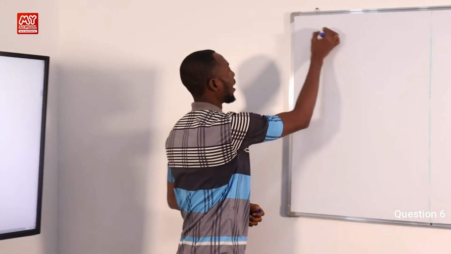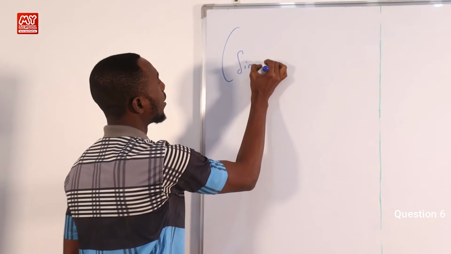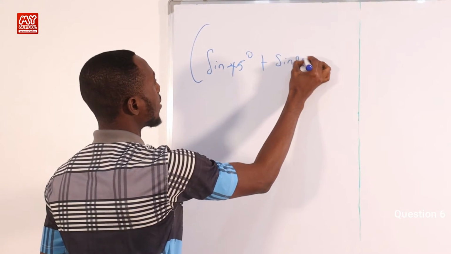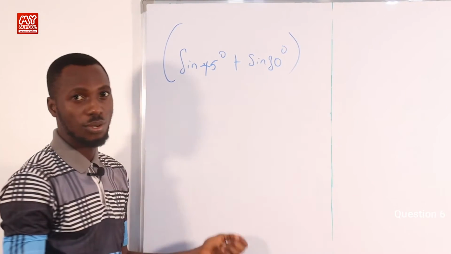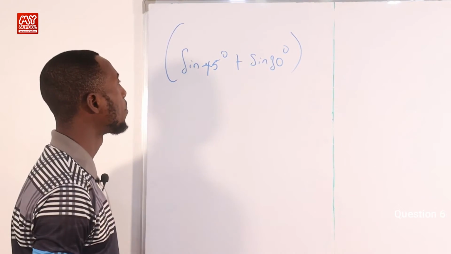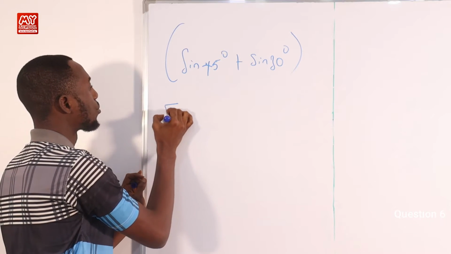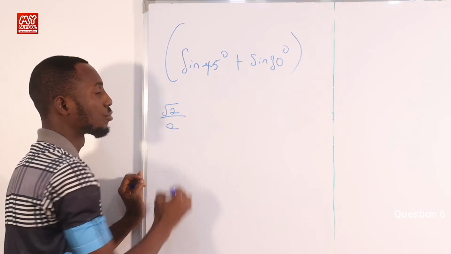So we have to add up sine 45 degrees plus sine 30 degrees, in short form. So in short form, sine 45 degrees is root 2 over 2.